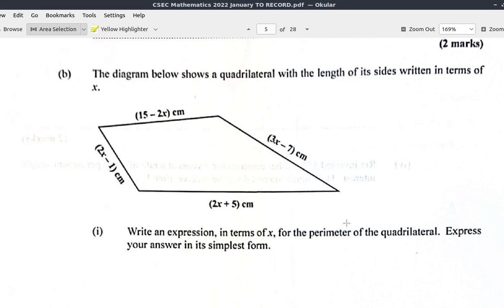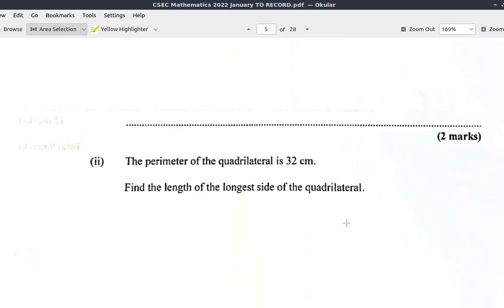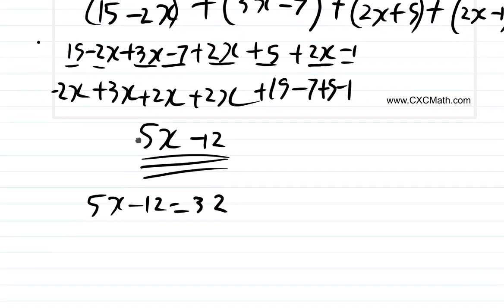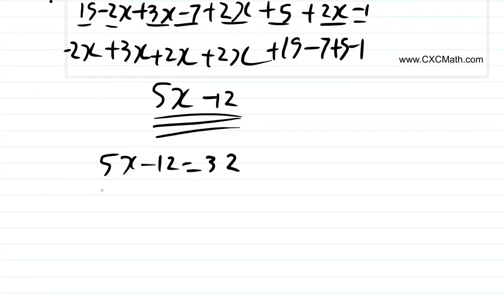Let's see what else they want you to do. They say the perimeter of the quadrilateral is 32 centimeters. Find the length of the longest side of the quadrilateral. So now we're going to say 5x minus 12 is equal to 32. Now, what happens there?